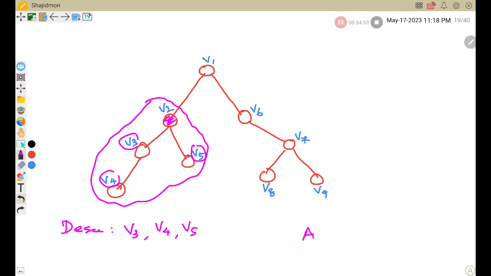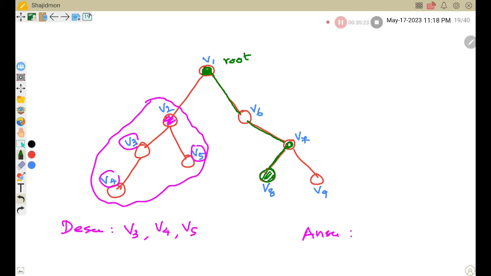Now, what are the ancestors of a vertex? That is very important. For example, I want to take the ancestors of V8. For finding ancestors, just start from the root vertex. This is the root vertex. Draw a path from the root vertex to that vertex. Now what are the vertices involved there?